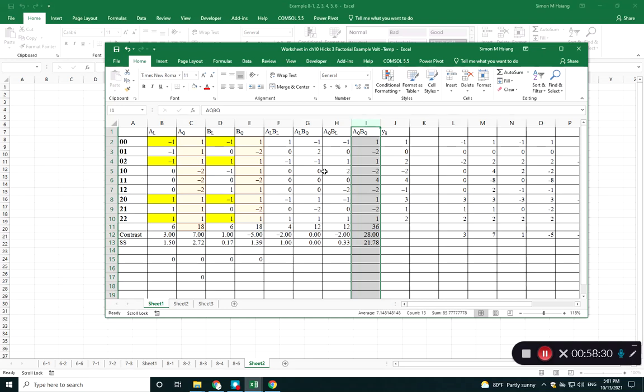Can you see that? So we have 4 quadratic effects, 4 nonlinear effects here. We have 2 nonlinear main effects, and then we have 4 nonlinear interaction terms. What do those things mean?